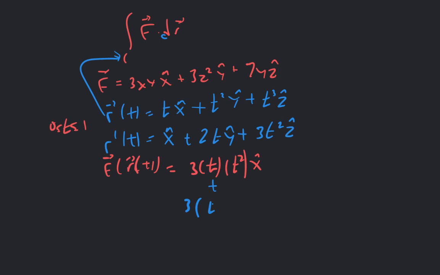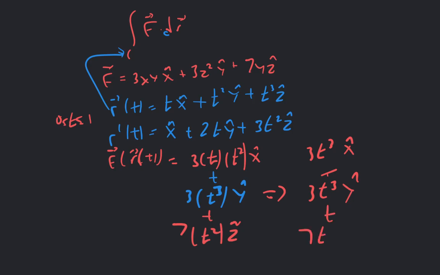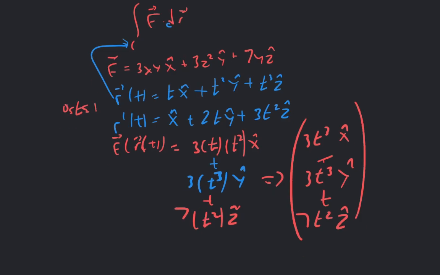Yep, t cubed y unit, and then 7yz z unit, 7 times t squared z unit. And this is just 3t cubed x unit plus 3t cubed y unit plus 7t squared z unit. That's F of r of t.